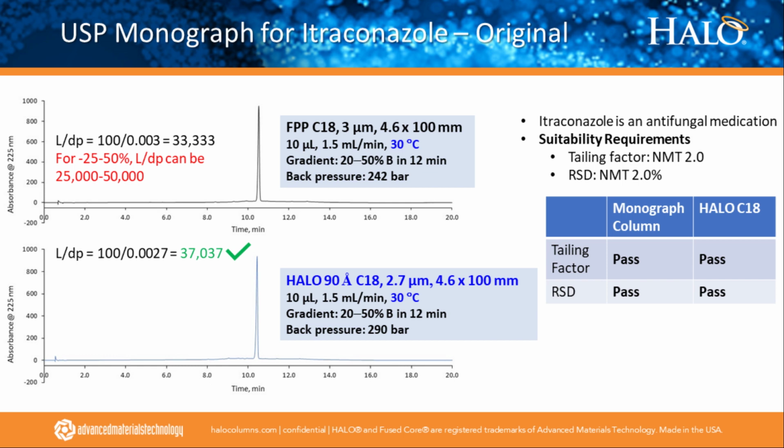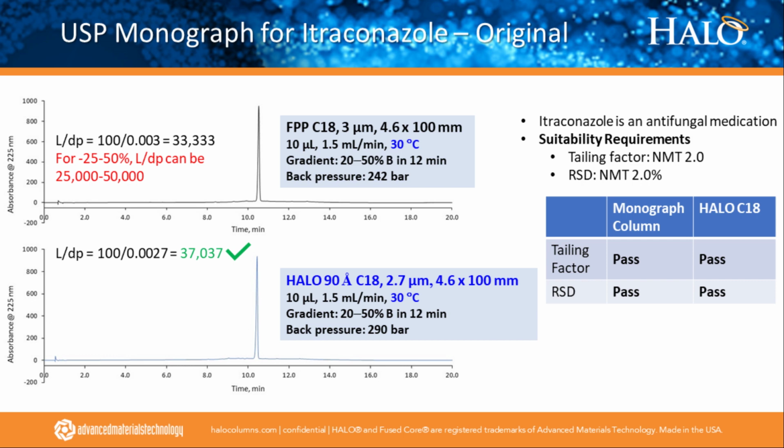And now here's another example using the USP monograph for itraconazole. Itraconazole is an antifungal medication, and it's used to treat different types of fungal infections. In terms of the L to DP ratio, this original monograph column is 3 micron fully porous particle C18 in 4.6 by 100 millimeter dimension.